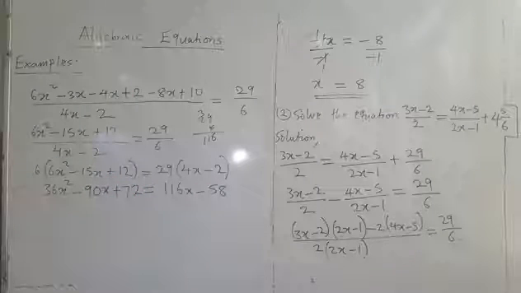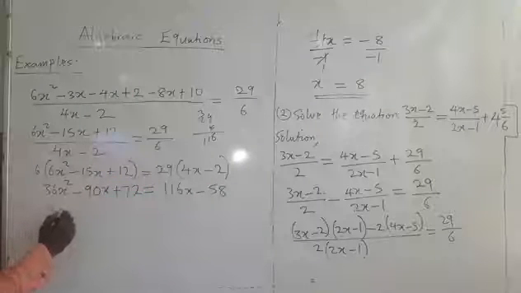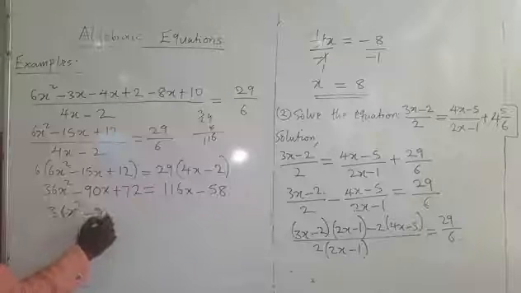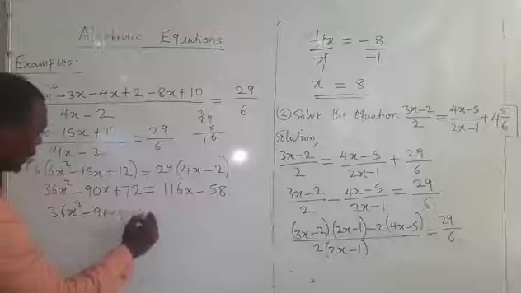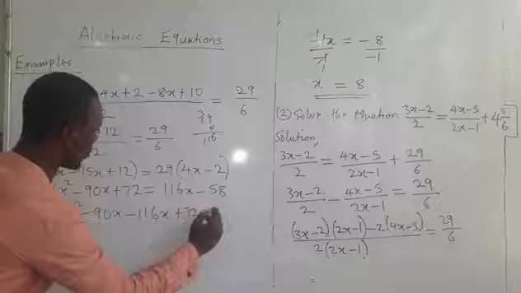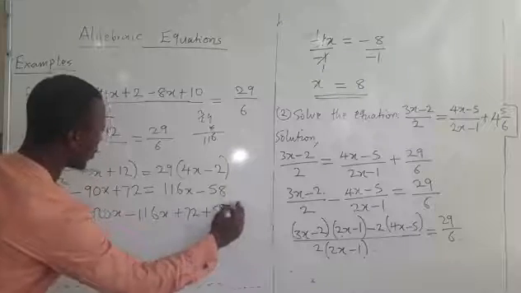So you now collect the like terms. So we have 36x squared minus 90x minus 116x plus 72 plus 58 equals 0.